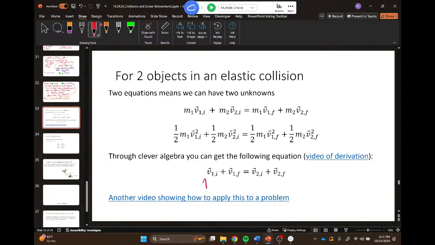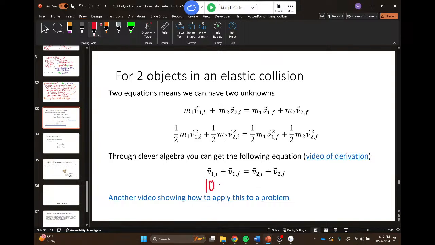If you add up the velocity of object 1, its initial plus its final, in this exact problem, it equals the velocity of object 2, initial and final. And that's not a trivial thing to show. It's not like I can just show you all that in 2 steps. It's a whole process to find that. But it's cool. If we had known this, our problem would have been so much easier to solve. If we had known this, we could have set up the relationship. Let's just do the problem that we just did.